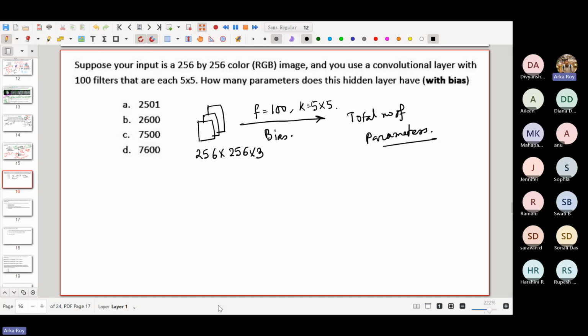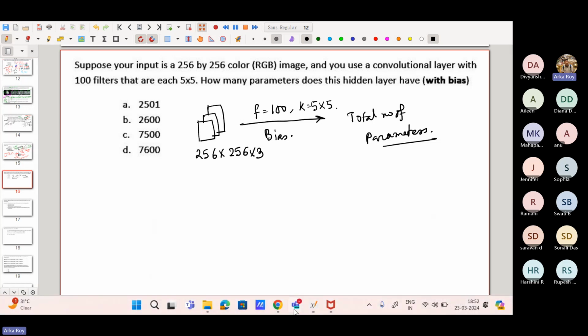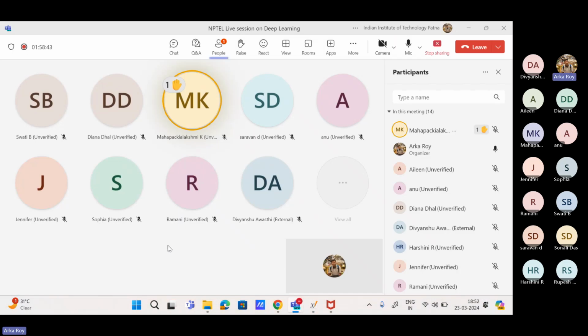So how many of you got this particular question correct? And I need the answer. If you got this particular question correct, how did you proceed? I need the answer. Yeah, I can see one person has raised a hand.